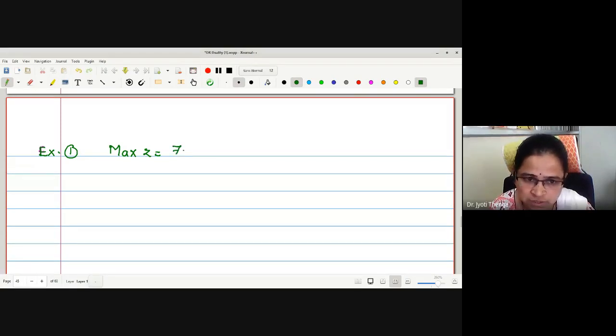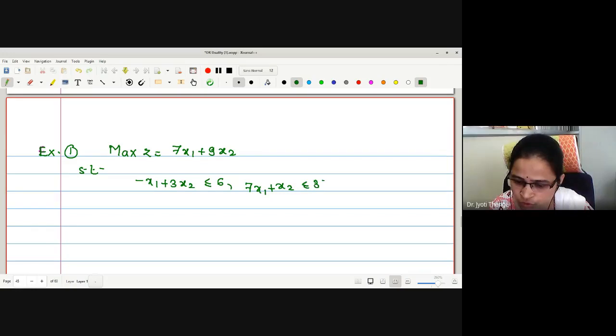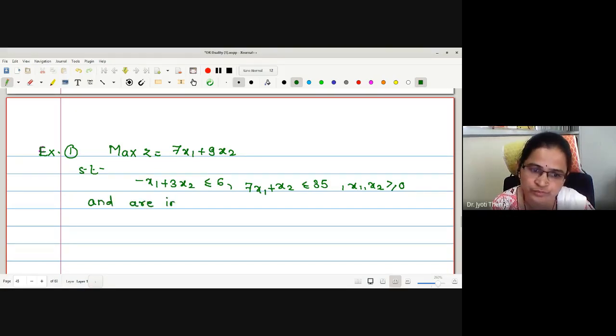The problem is maximize 7x1 plus 9x2 subject to the constraints minus x1 plus 3x2 less than or equal to 6, 7x1 plus x2 less than or equal to 35, x1, x2 greater than or equal to 0, and integers.